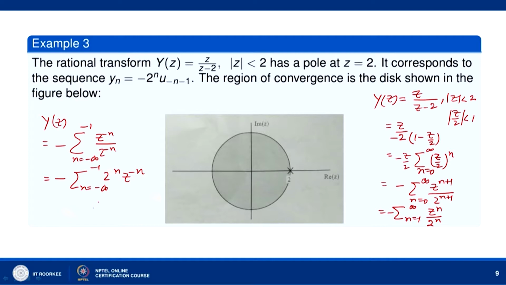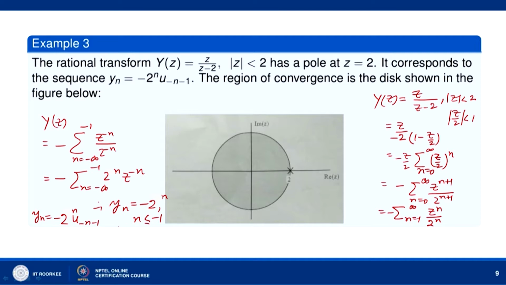So, y[n] is minus 2 raised to the power n when n is less than or equal to minus 1. Okay. And this can also be expressed as y[n] equal to minus 2 raised to the power n u[minus n minus 1].